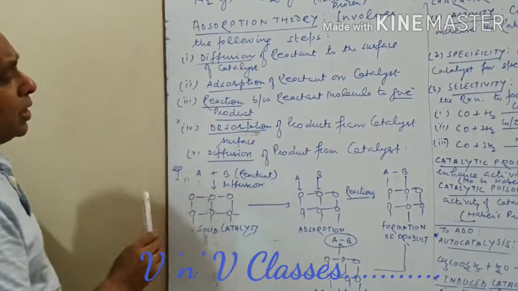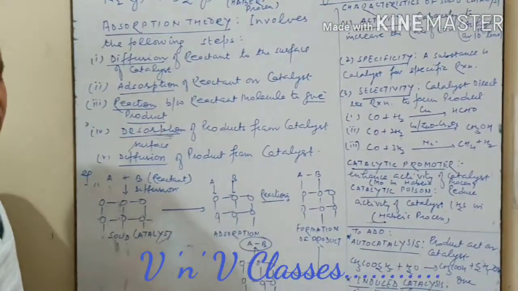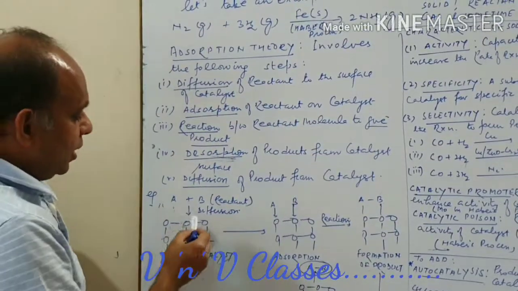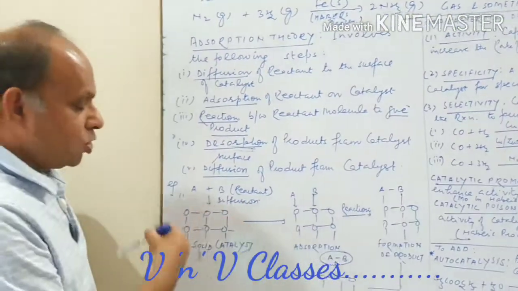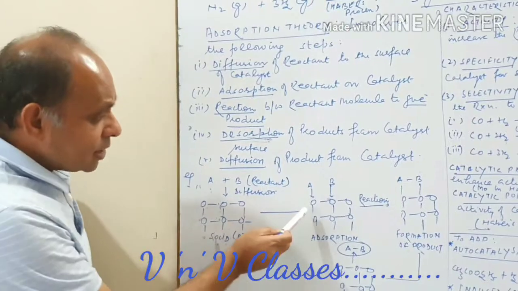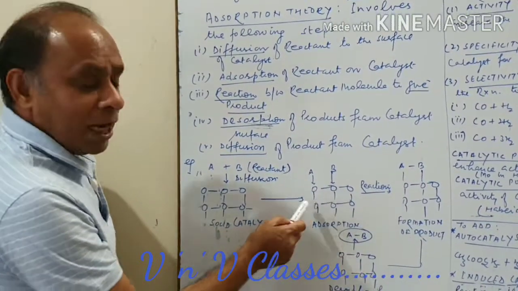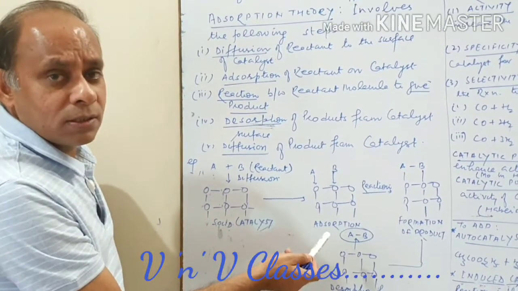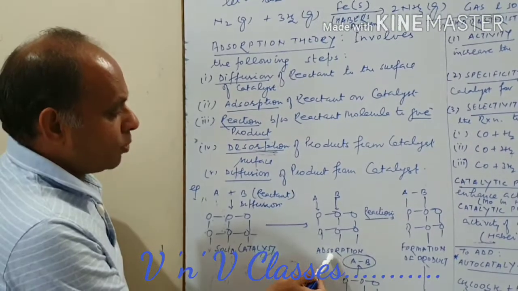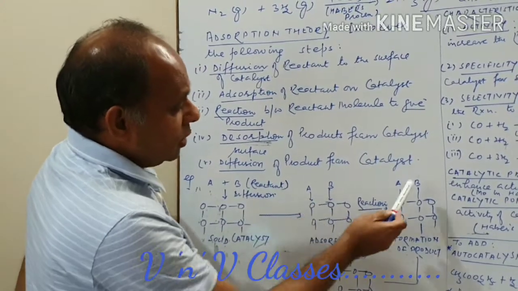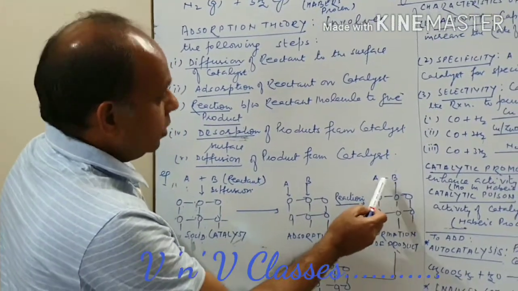Now, what is the advantage of this adsorption? If the reactants are gases, they are very far apart from each other. The catalyst brings these reactants to one surface and makes the reaction fast. So this is the advantage of adsorption. Reactants on the surface get a better chance to react. They form bonds.